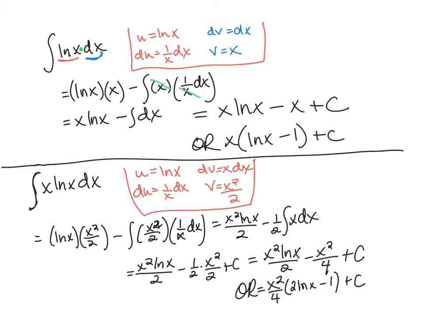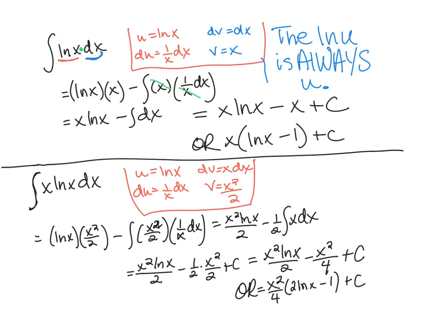Now, the biggest rule that you have to remember is the ln is always the u. Don't ever forget that. If there's an ln in your problem, you have to set it equal to u.